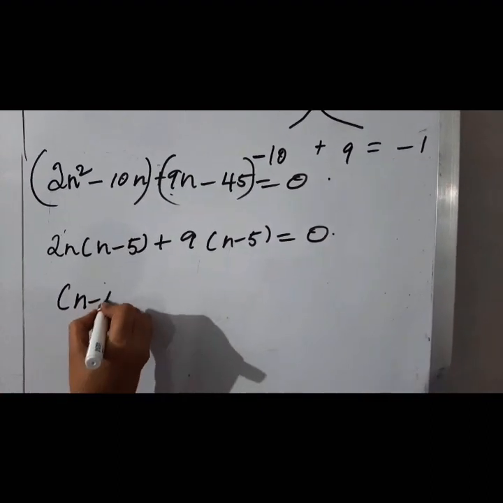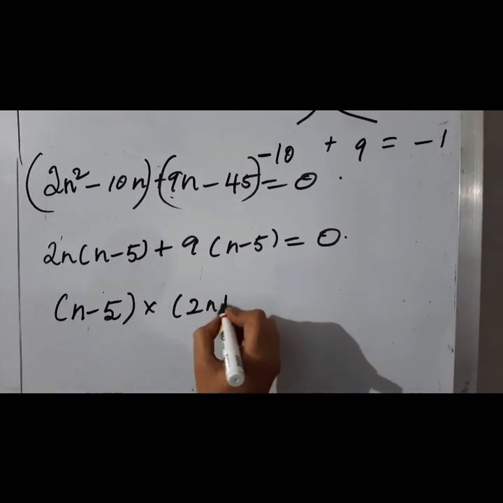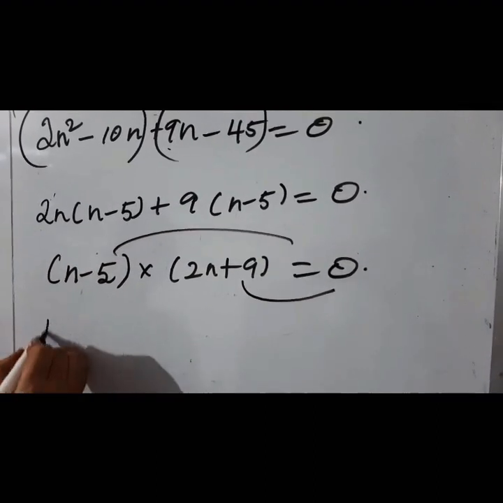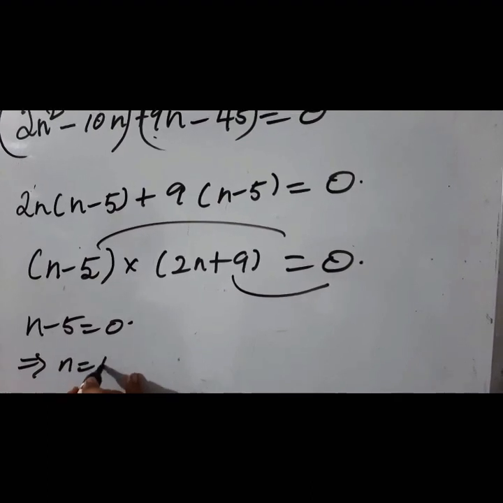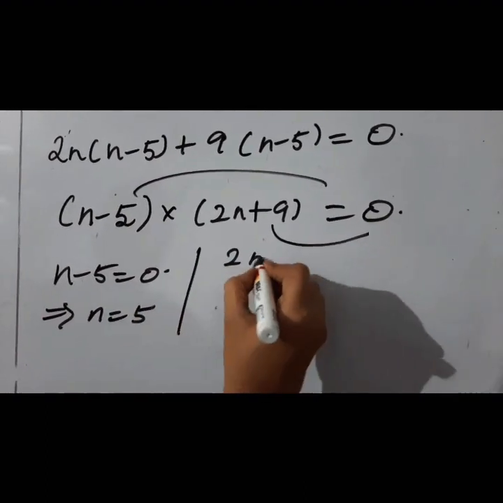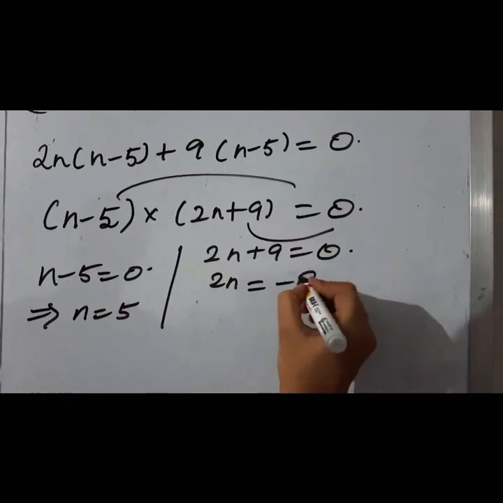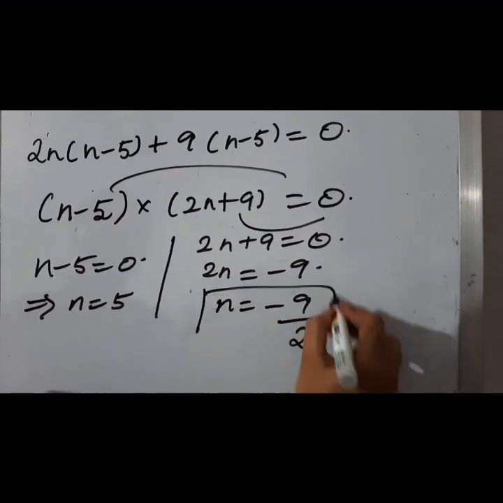The first one is the common factor n minus 5, and the second one is 2n plus 9. Equate each factor to 0. n minus 5 equal to 0 gives n is equal to 5. And equate 2n plus 9 also equal to 0. 2n is equal to minus 9, and n is equal to minus 9 by 2.